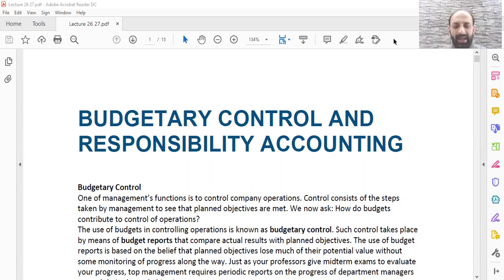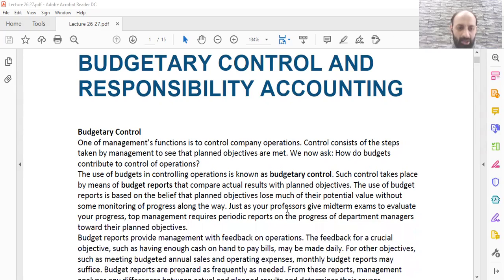Once you have planned what you want to achieve, एक दफा आपने अपने goal बना लिए हैं, then obviously you will control the functioning of the organization to make sure that you achieve those goals. So, how do the budgets help the management in controlling the functionality and the performance of any organization?